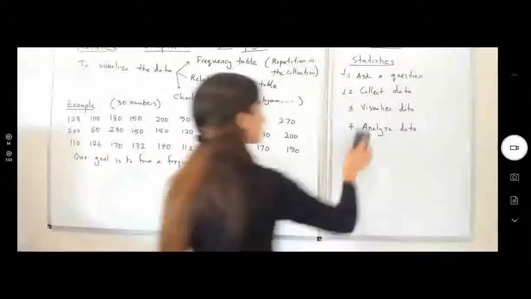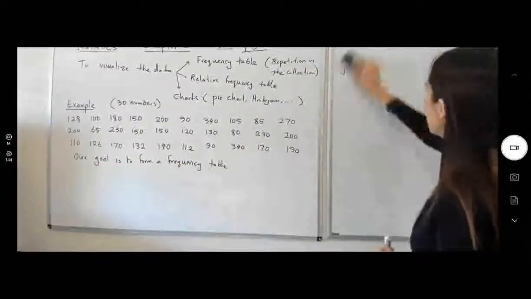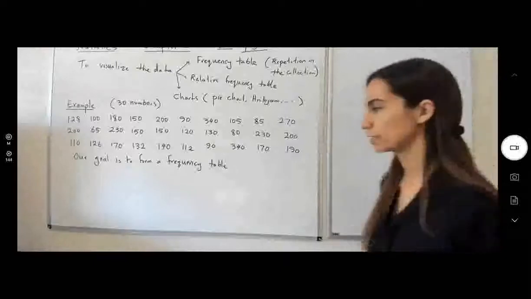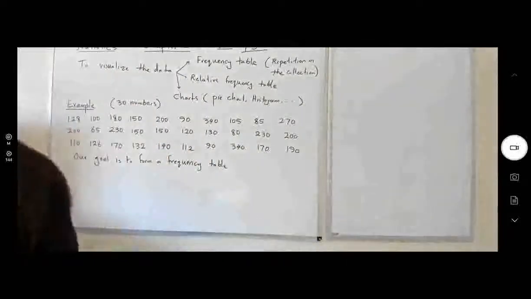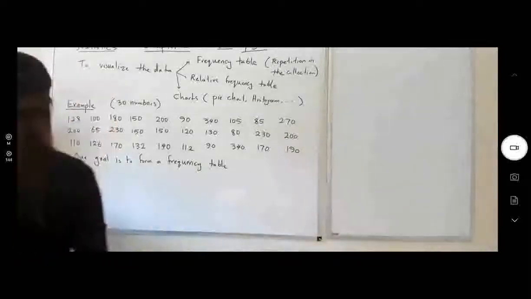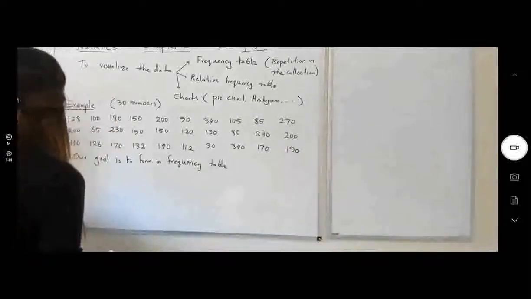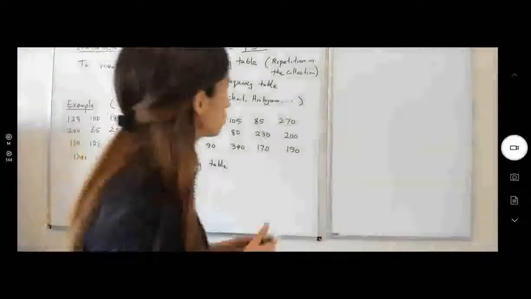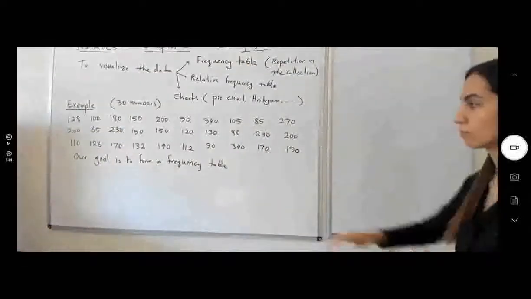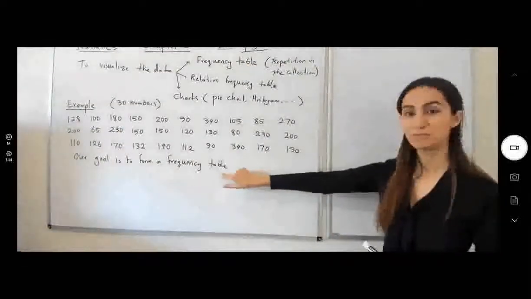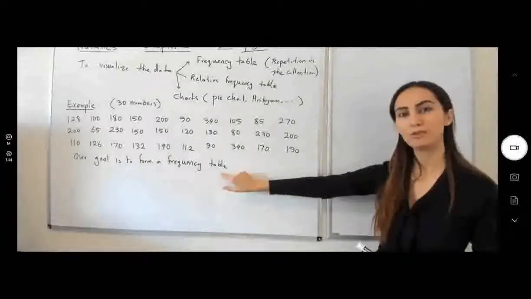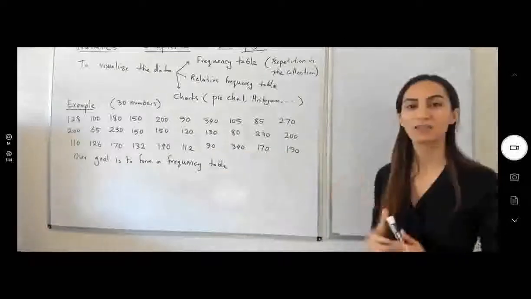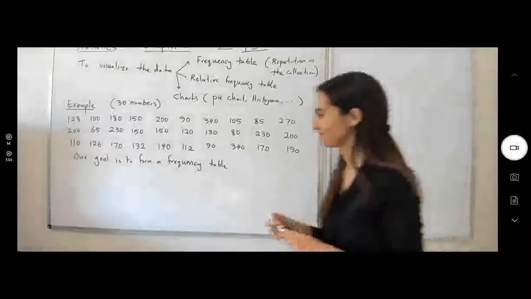Let me erase this part of the book so I can form your frequency table here. So first step. In the first step, we're going to find the smallest value, the largest value in the collection.